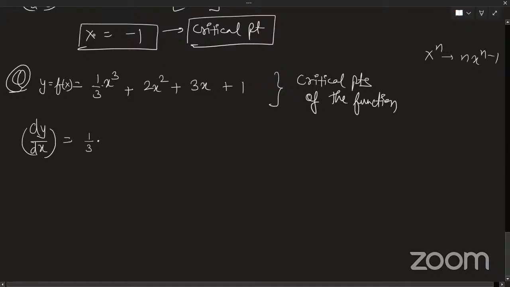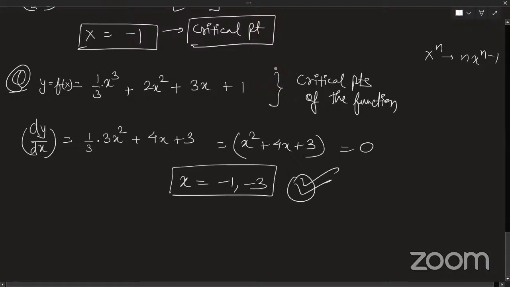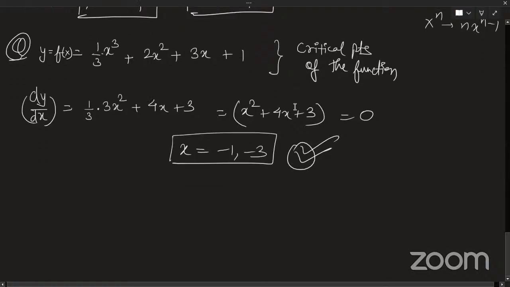The derivative of x cube is 3x square. So it is x square plus 4x plus 3, and I'm asking you to equate it to 0. So x is equal to minus 1 and minus 3. Yes, it's correct.